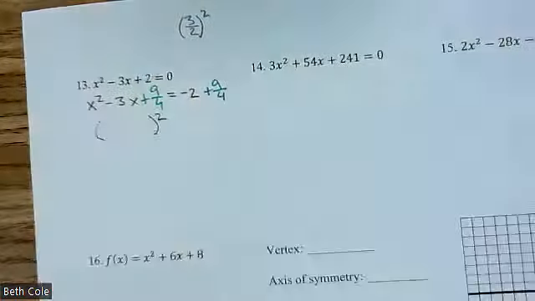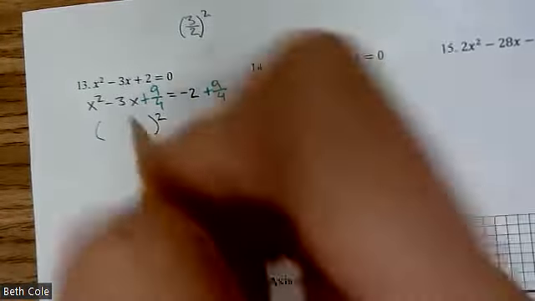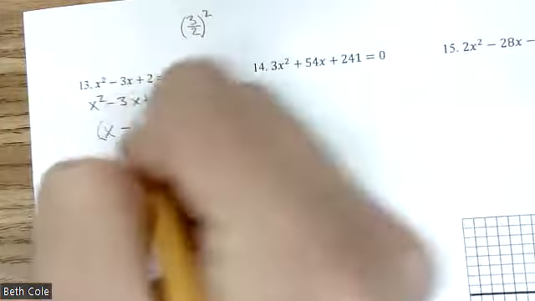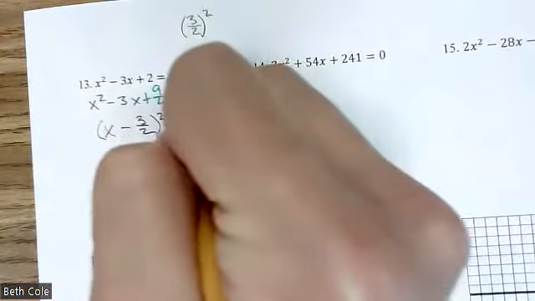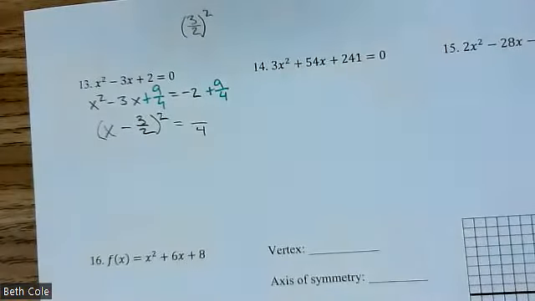Now you're going to write it as something squared. Remember, it's going to be the number that's off to the side: x minus 3/2. And then the other part you do have to fight through a little bit because you need a common denominator. So how would I write this -2 as fourths? -8/4. Good.